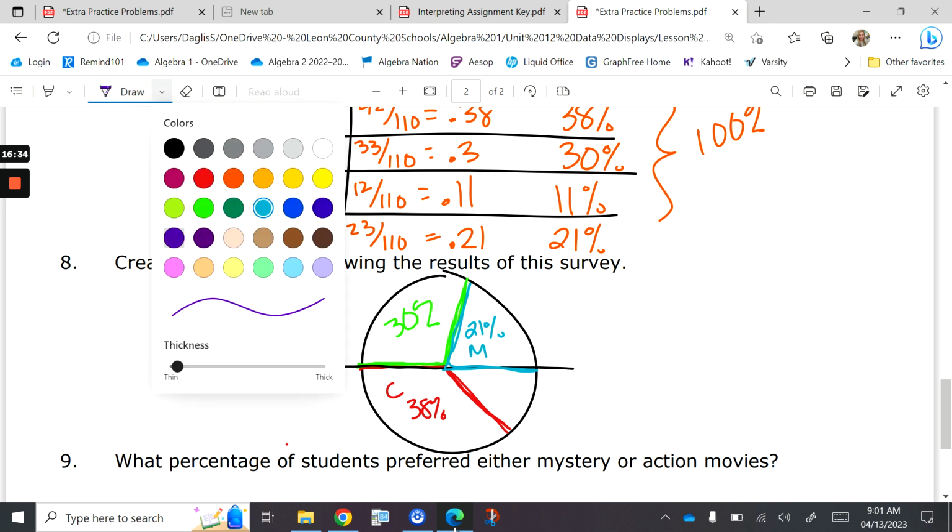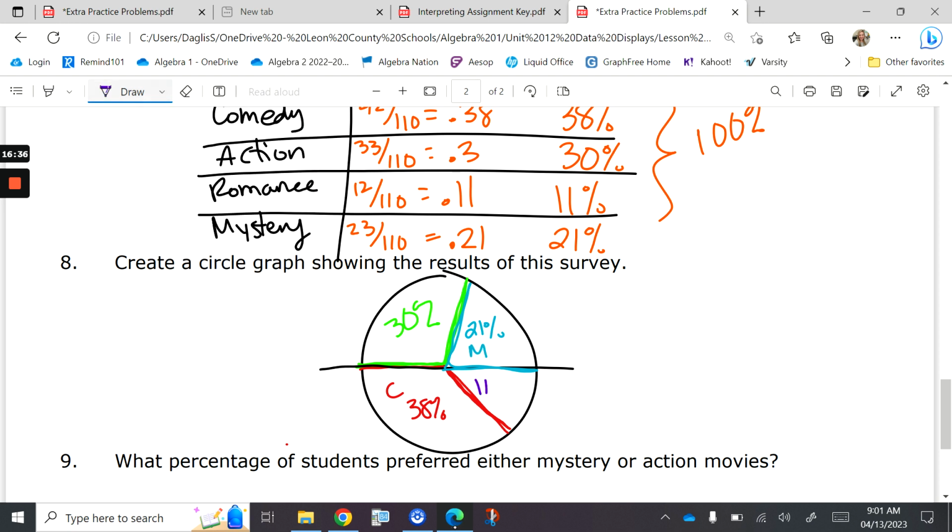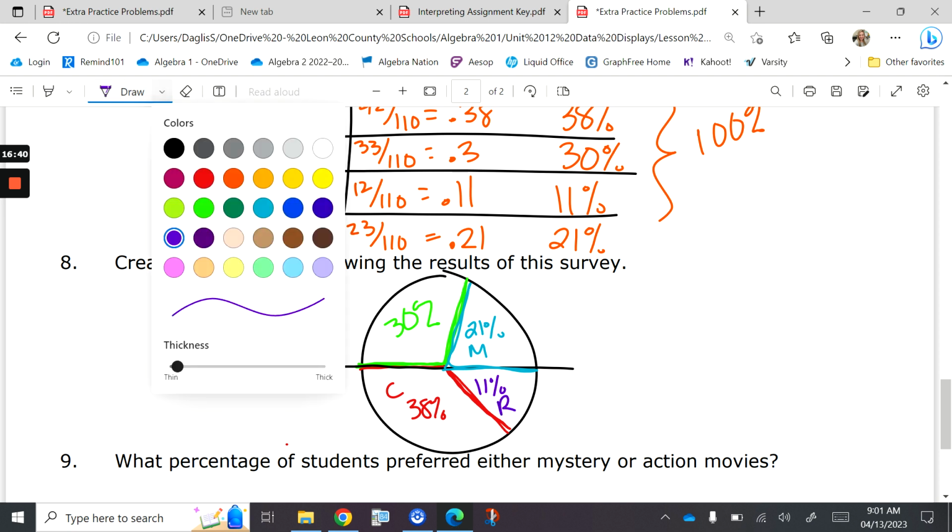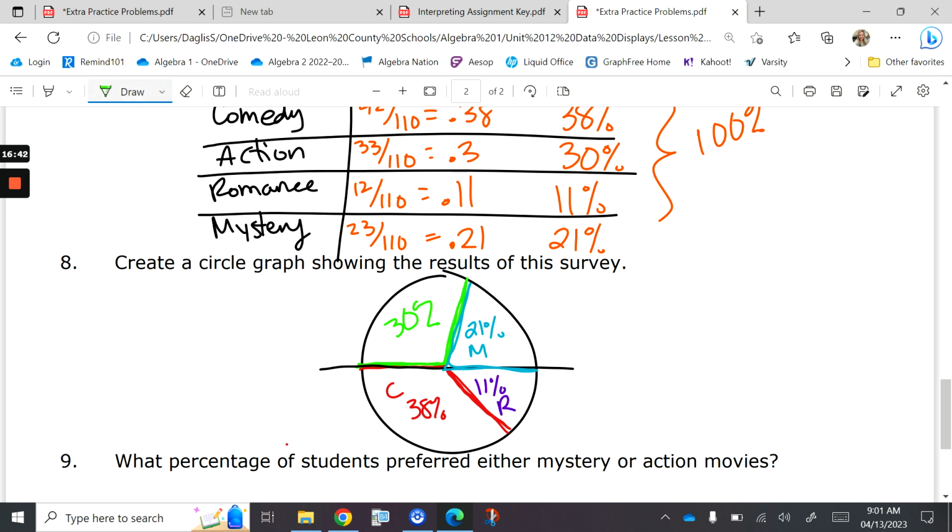And I'm going to make this smaller piece represent my 11% for my romance. And then I erase all my lines. So we see 38 has the bigger piece, 30 is the next bigger piece, then 21, and then 11. So make sure your sizes are appropriate with what should be the biggest, what should be the smallest.